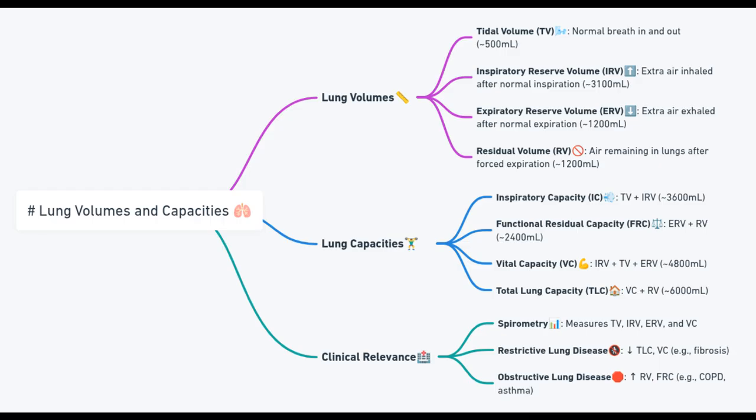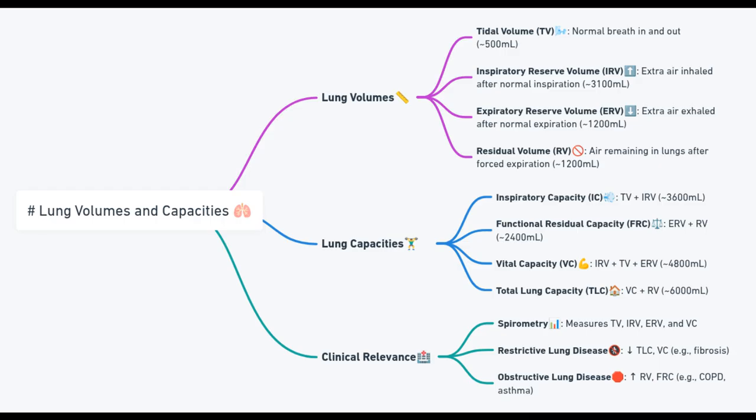And with the inspiratory capacity, a typical value of 3,500 mils, it is the maximum amount of air that can be inhaled after normal tidal expiration. So that is the tidal volume plus inspiratory reserve volume. That is the inspiratory capacity, the maximum amount of air that can be inhaled after normal tidal expiration.